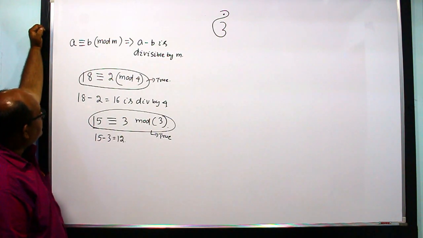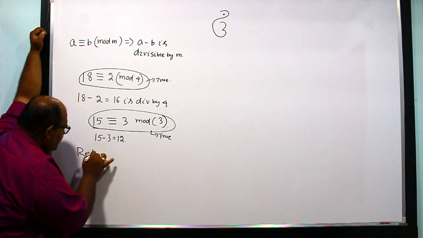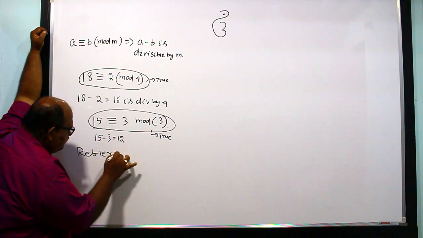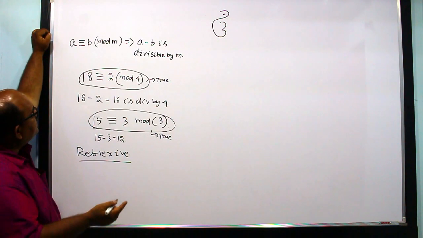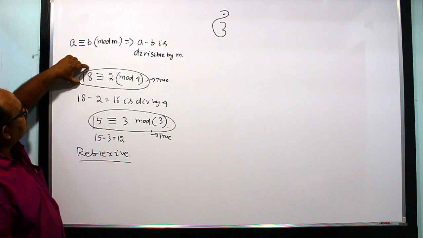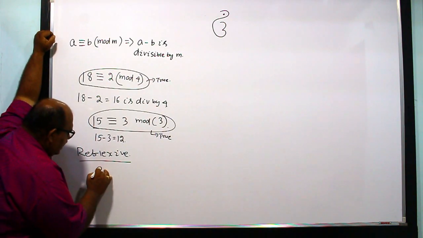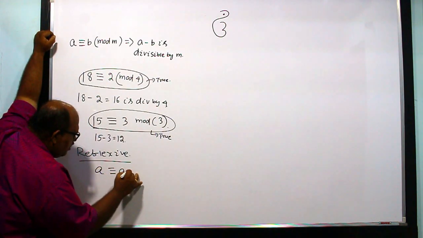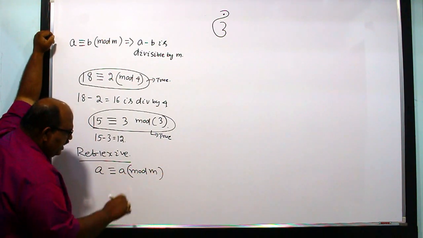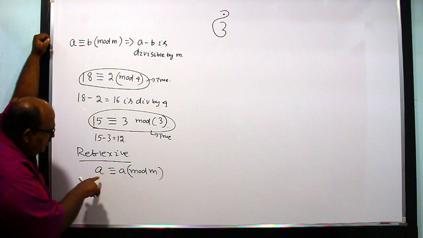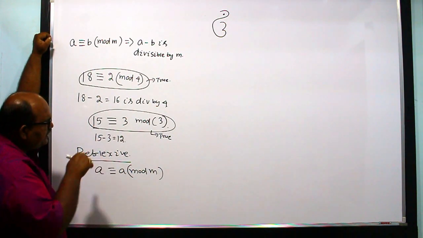First let us start with reflexive. Checking reflexive means we check whether any integer maintains this relation with itself, that is, whether A related to A mod M is true or false. If true, then we can say every integer maintains this relation with itself, so it is reflexive.